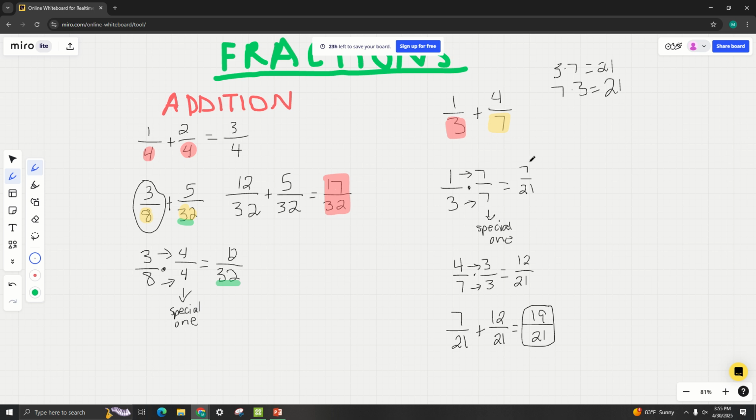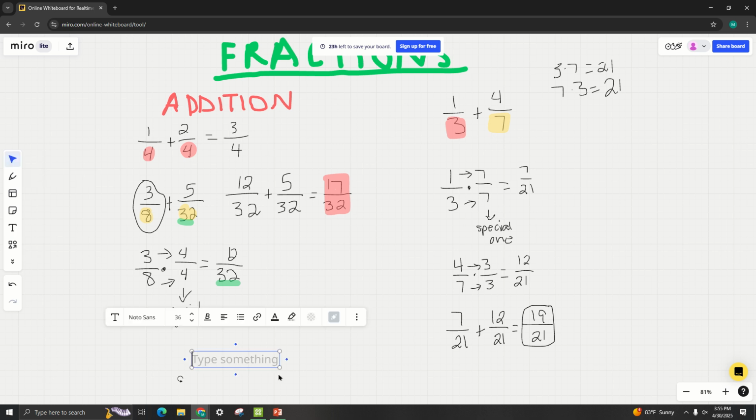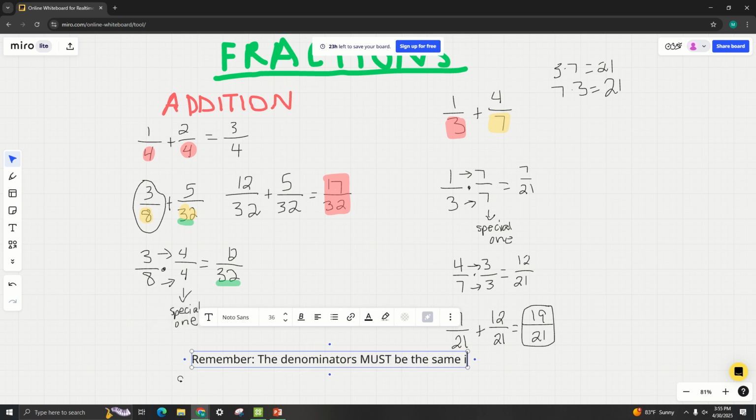So that's adding fractions. The main thing to remember, and I'll even type this out right here, is that the denominators, the bottom number of the fraction, must be the same in order to add fractions.